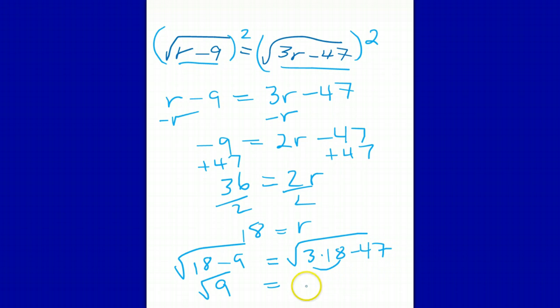Yeah, 54. I'm having a brain fart here. 3 times 18 minus 47. That's, yeah, 54. 54 minus 47. Right? Was that right?